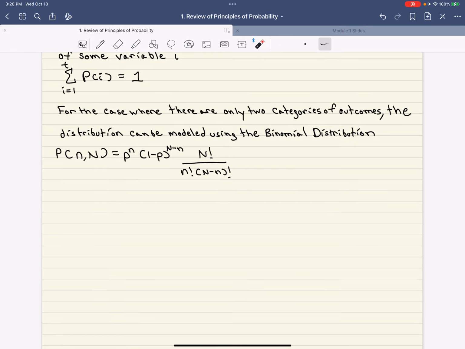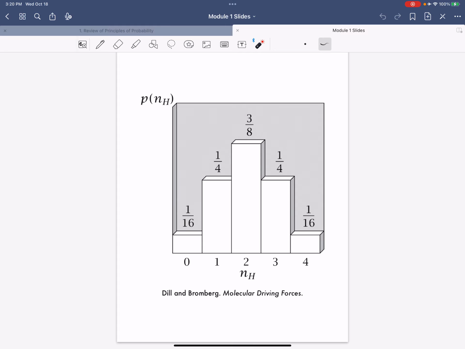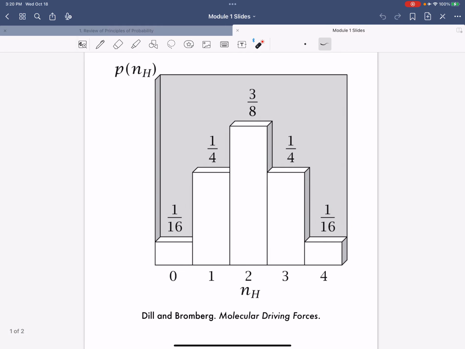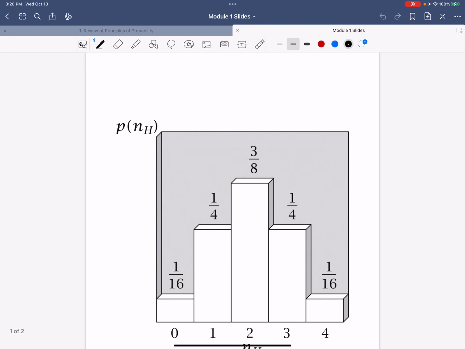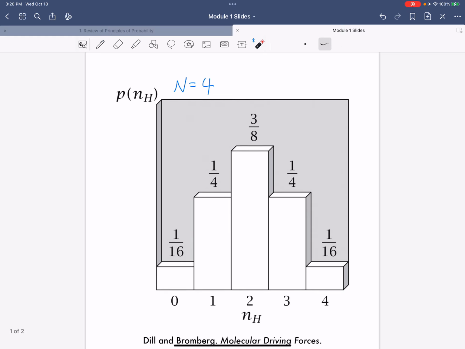To get a better idea of what's going on, we could look at a plot of the probabilities for different cases. Here we're going back to our coin flipping example, where we've flipped a quarter 4 times, and we want to count the number of times that heads shows up in that ensemble of 4 quarter flips.